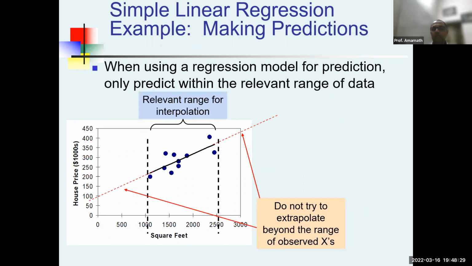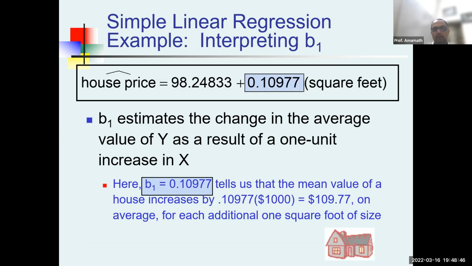So, among the caveats when using a regression model for prediction, only predict within the relevant range of data. The relevant range is wherever the data is.